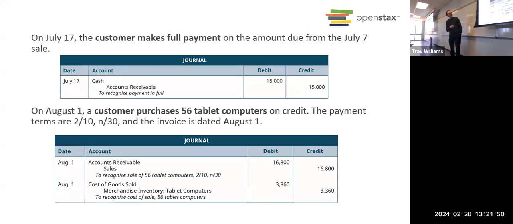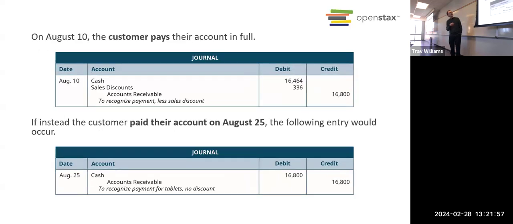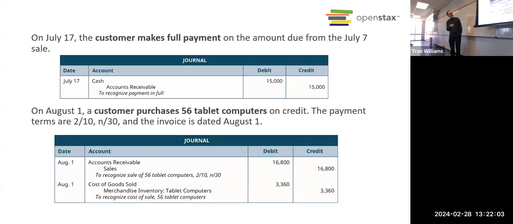Let's check the dates. Purchase was August 1st. Since they have 10 days, that gives them until the 11th. They did pay by the 11th. So they got a discount. Now, it was a 2% discount, right?